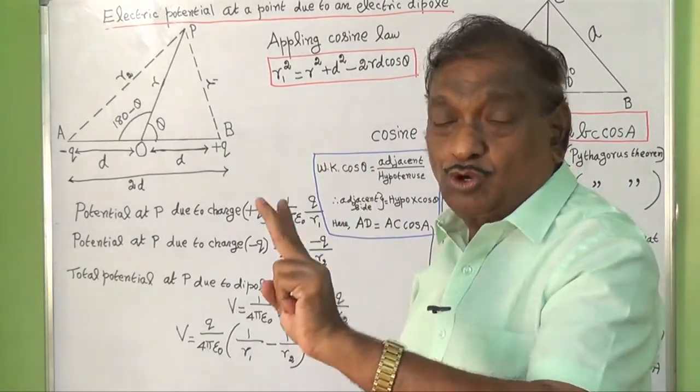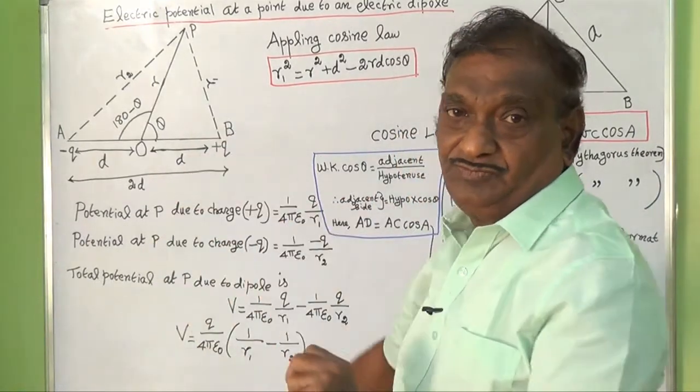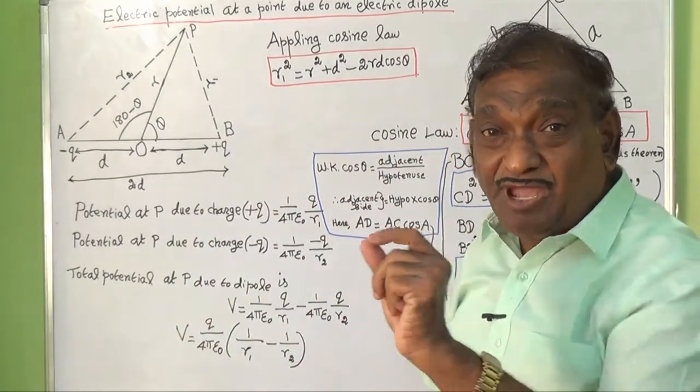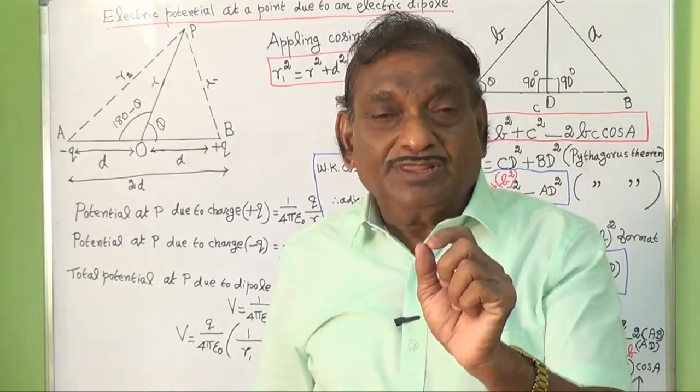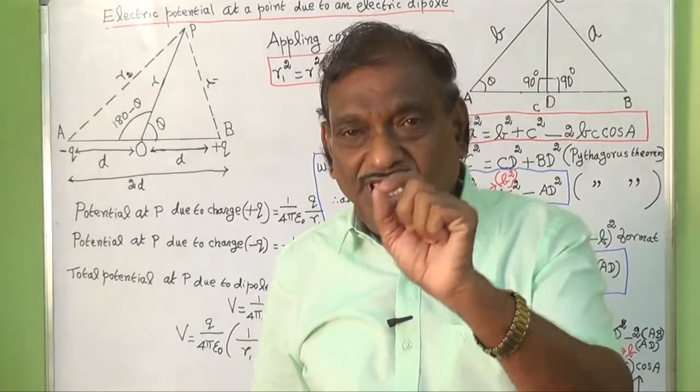So two equal and opposite charges have been taken. They are separated by a small distance.